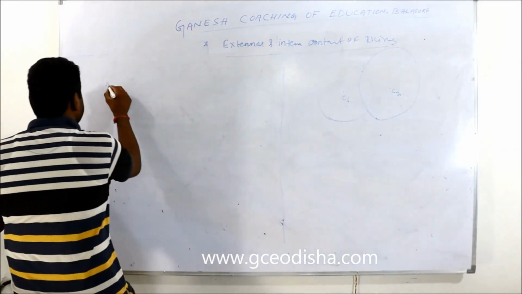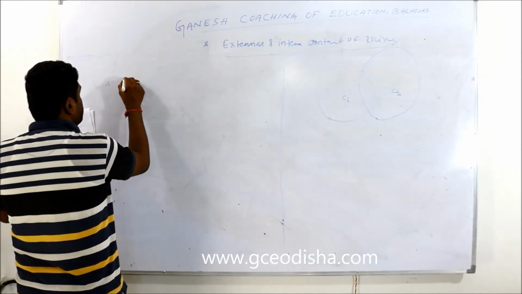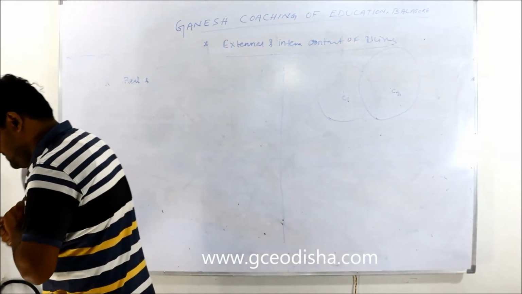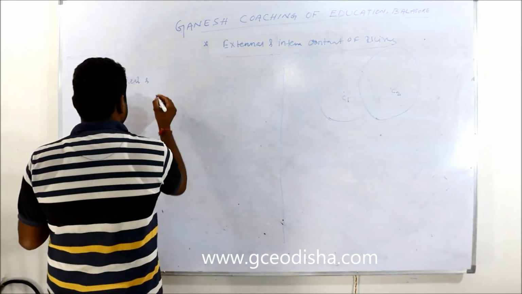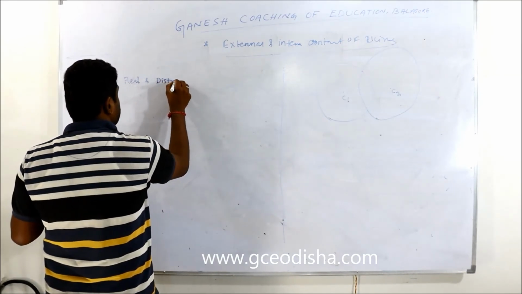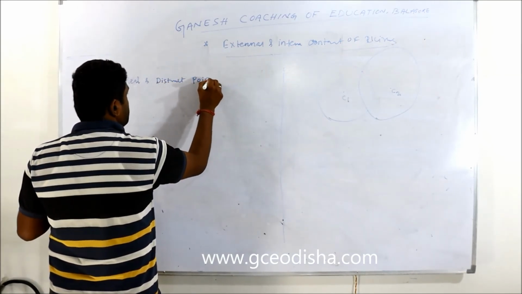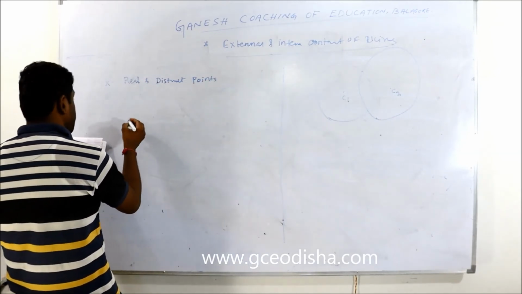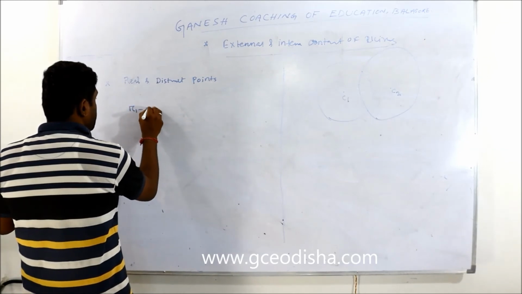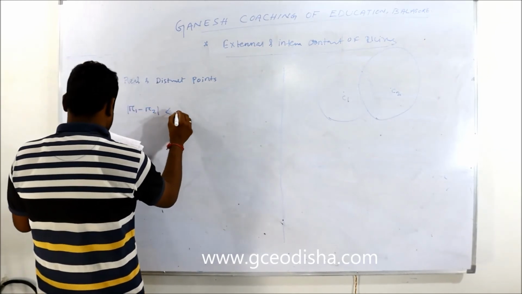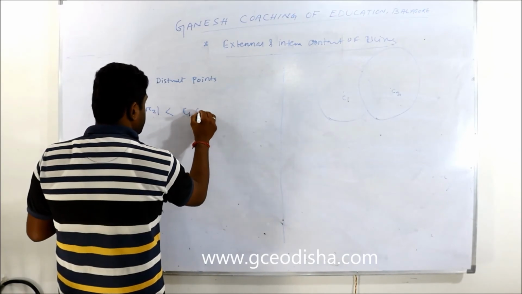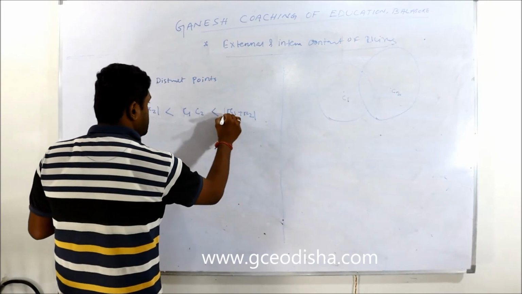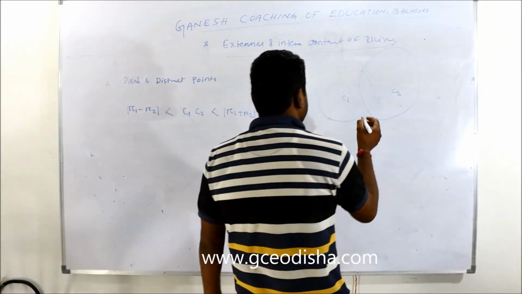The condition for real and distinct points is |r1 - r2| < C1C2 < r1 + r2. What do you mean by that?